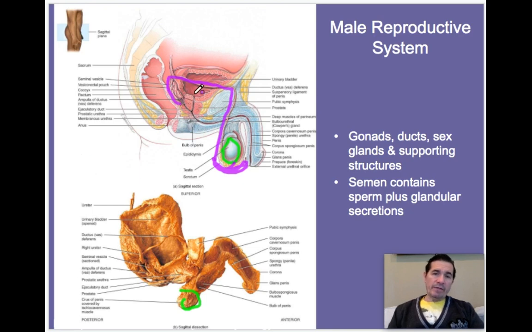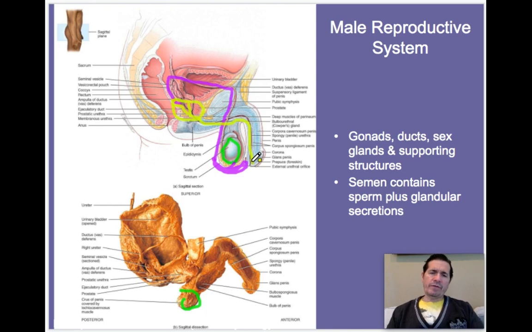And then once we get into this area, we have our glands right in this area. And once we have that, it emerges from over here and over here to where it joins to become the urethra.